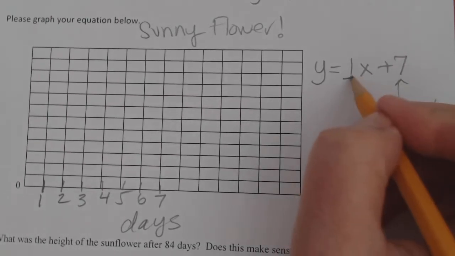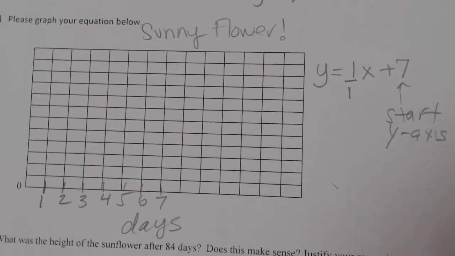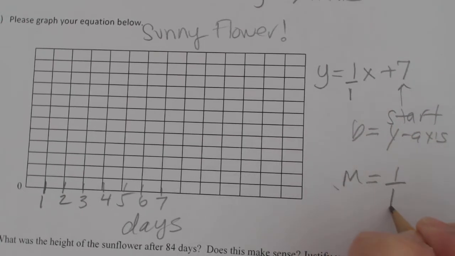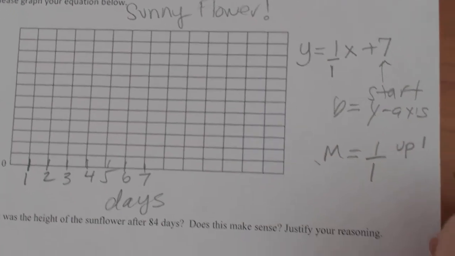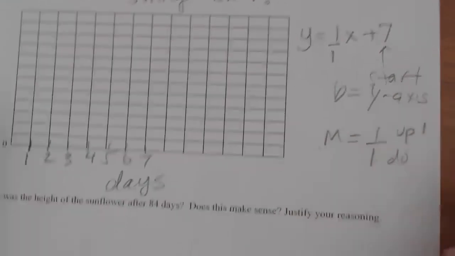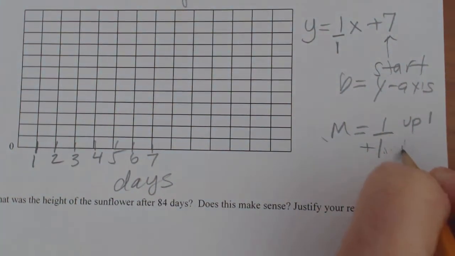And then right here is my slope, 1 over 1, because remember, it's the change. So this is my b, and my m is 1 over 1. This number on top means that we're going to go up 1. The bottom, the denominator, means that we're going to go right, because this is positive, we're going to go right 1.